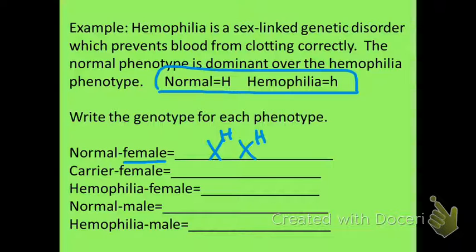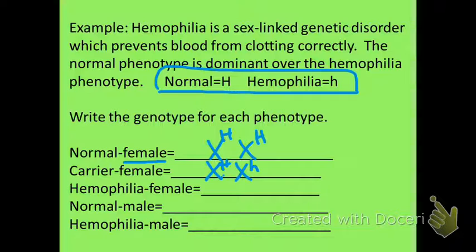Remember I said that these traits are only on the X chromosomes. Now, if we have a carrier female, we know it's a female, so we're going to write XX. If she is a carrier, that means she's going to have one dominant allele, and the other one's going to be recessive.